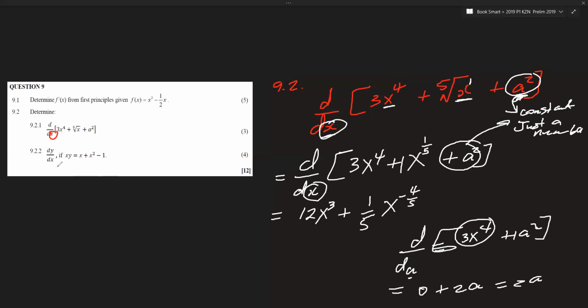Okay. Let's do 9.2.2. So on 9.2.2, we have xy equals x squared plus x minus 1. I just rearranged them, x squared there, x there. Before I differentiate this side, there must be y only, because it's dy over dx.